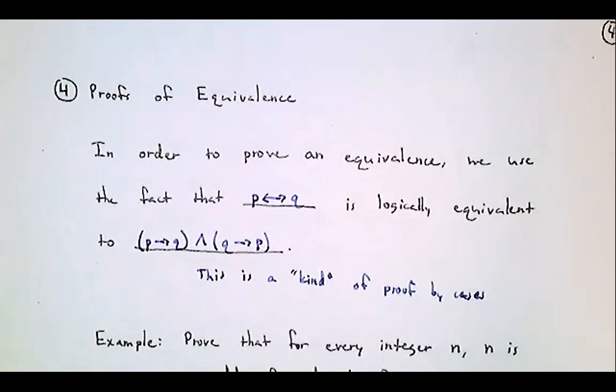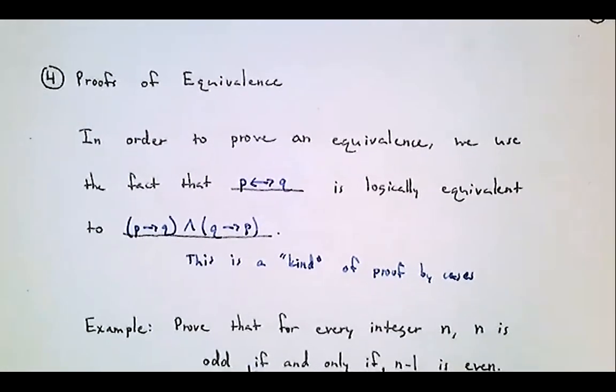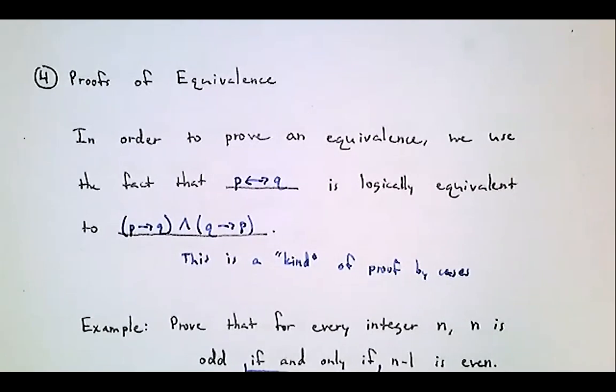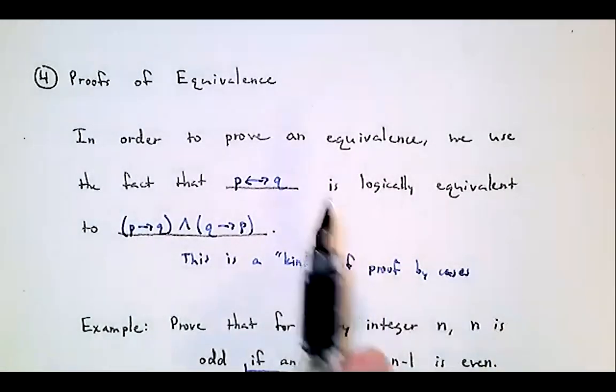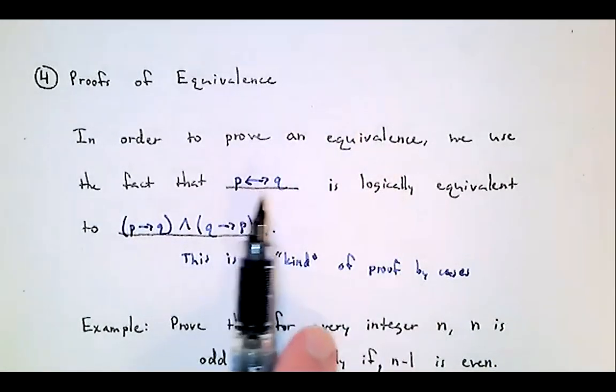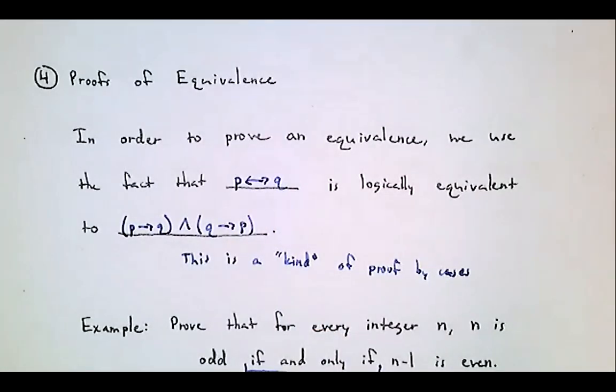And then the last example that we did on Monday was this one, proofs of equivalence. And these are related to the biconditional propositions that we learned about back in chapter 1.